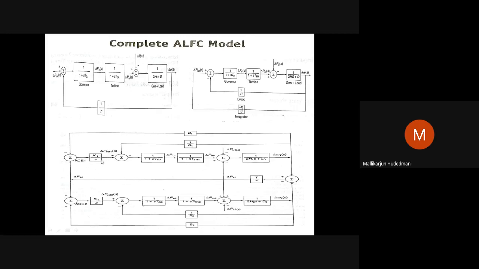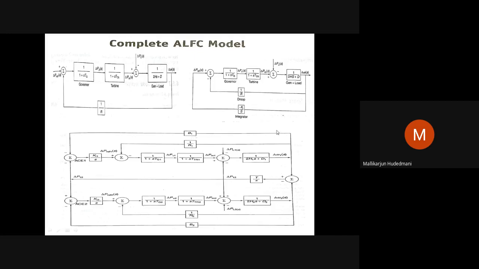This integral controller acts on an input which will shift the reference point. The input for the integral controller is the area control error. To study this area control error, think only of this upper half. The upper half is a control area. From this control area, measure the actual power flowing out. You know what has to flow out as scheduled, you know the deviation, and you know the response of this area as beta.